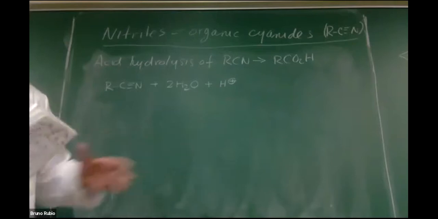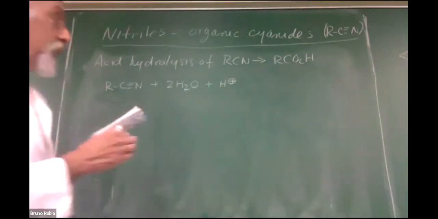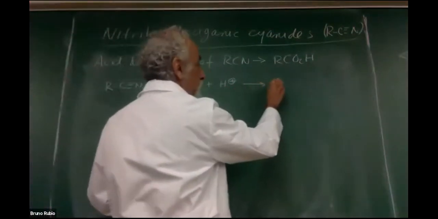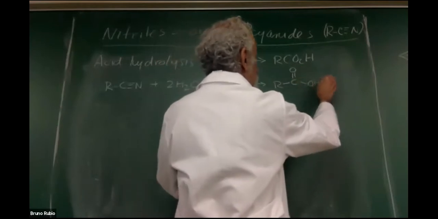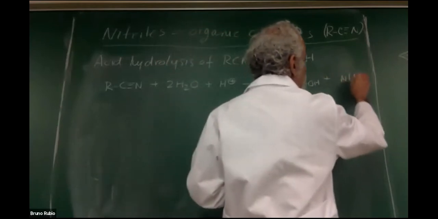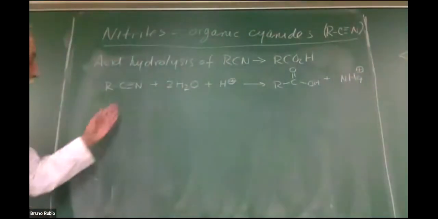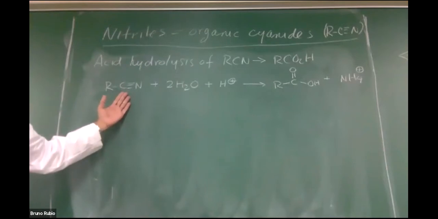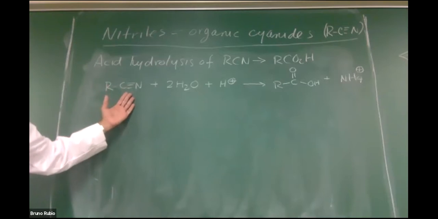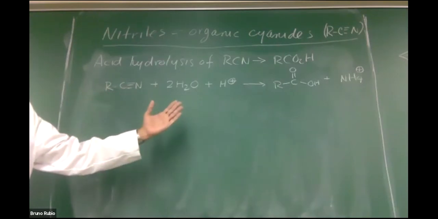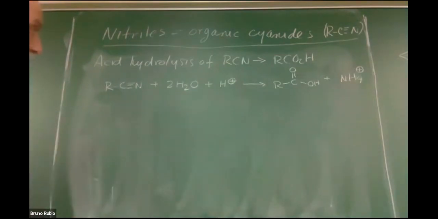That's not what's happening here. The product is a carboxylic acid and the ammonium ion. This reaction happens whether CN minus is involved in the Strecker synthesis or not. This is just a general hydrolysis of a nitrile to a carboxylic acid.